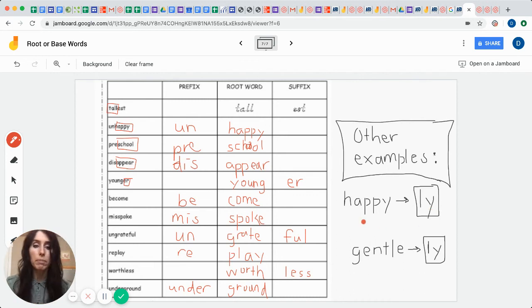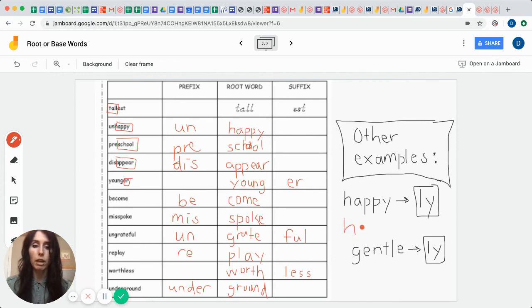So what happens is we have to go back to our spelling patterns and what the rules are with our spelling patterns. So think about if I want to spell happiness or happily, we sometimes have to drop the y, don't we, when we put endings on words. So in this case, you would keep the base word the same.